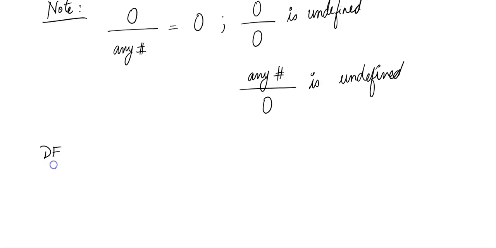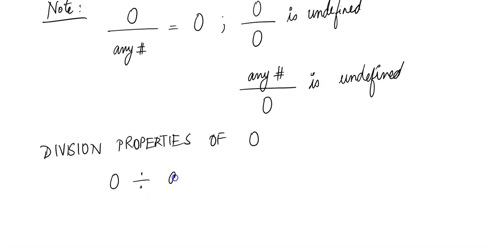So division properties of 0. So 0 over any number, right? So 0 divided by any number A is 0.